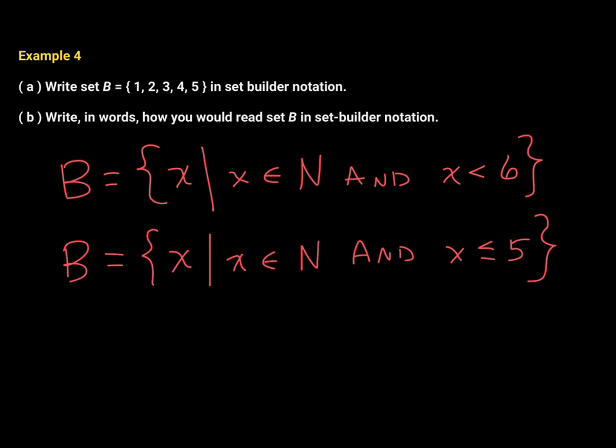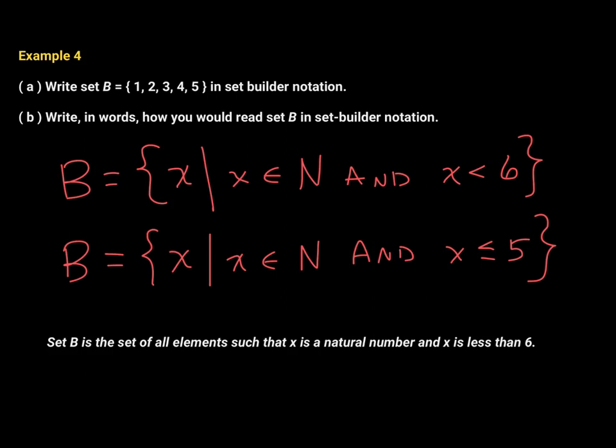Okay, part B says write in words how you would read set B in set builder notation. So basically they just want to make sure that what we're writing we also understand, right? And understand how to share that language and how to say it out loud, really.